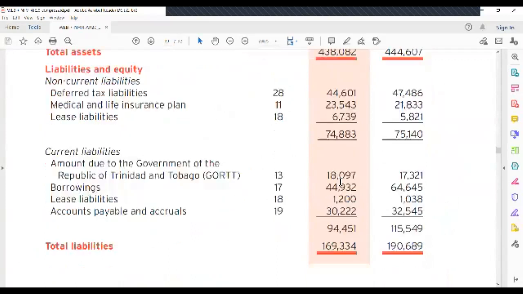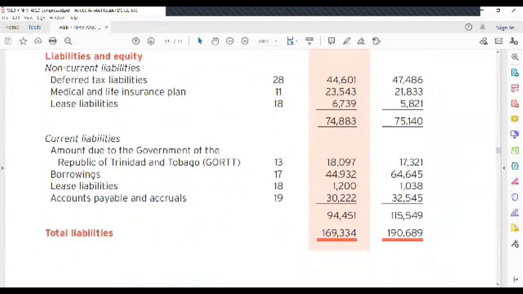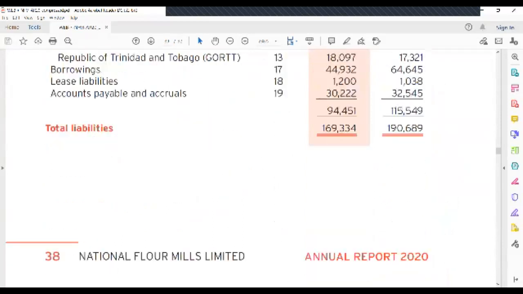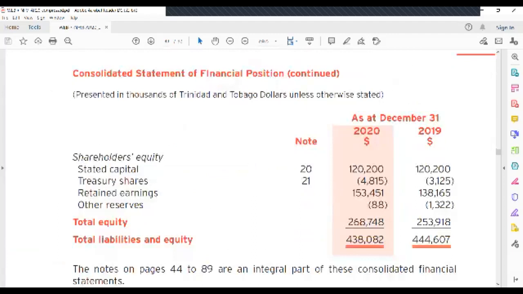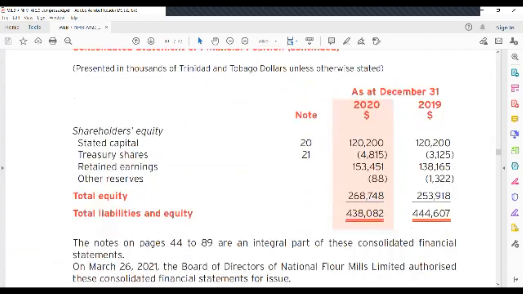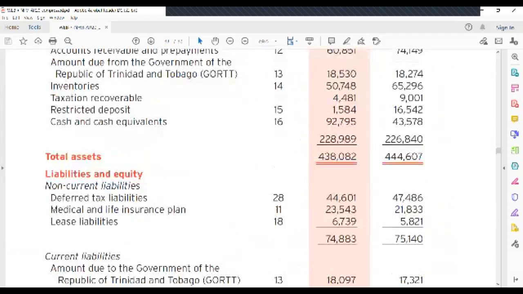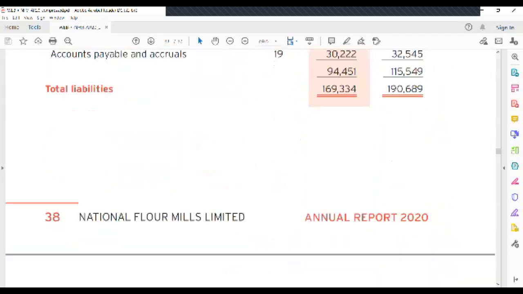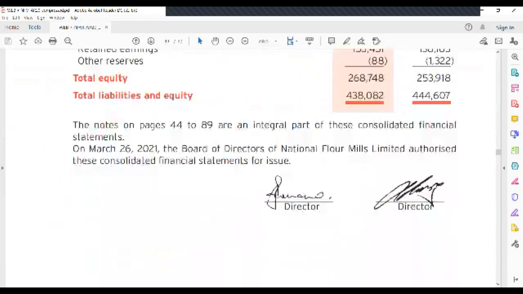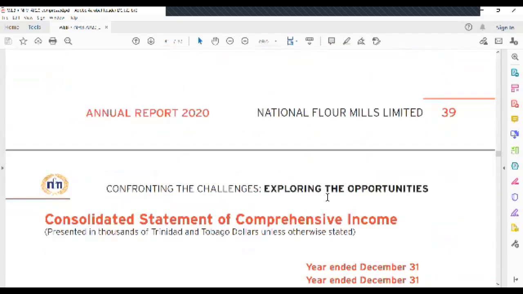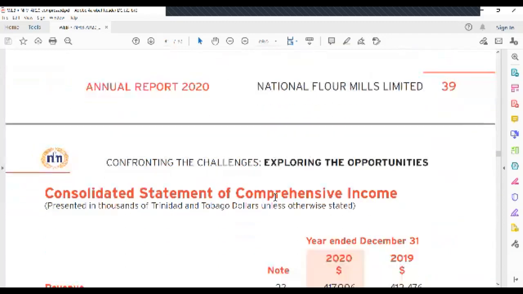So liabilities is 169,334, which we added to our equity of 268, we get 438,082. If you realize, it matches 438,082. Okay, and we can see they had more assets in 2019 than in 2020. Our ratios will help us analyze this information.